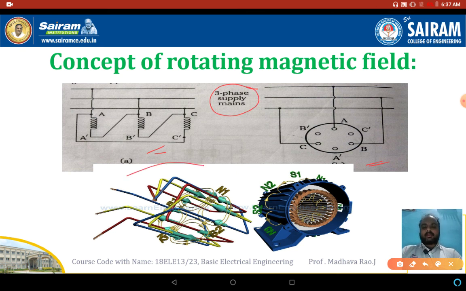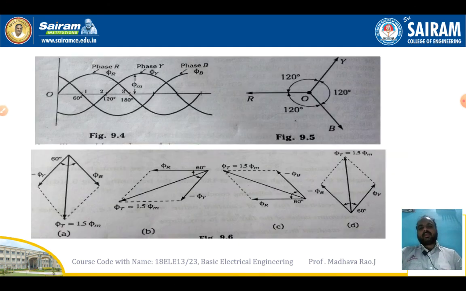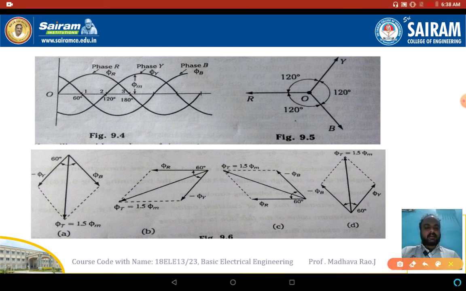Once the motor starts to rotate, three fluxes will be produced, that is phi R, phi Y, phi B. The phase difference between the three fluxes is 120 degrees: R phase to Y phase is 120 degrees, similarly Y to B is 120 degrees and B to R is 120 degrees.